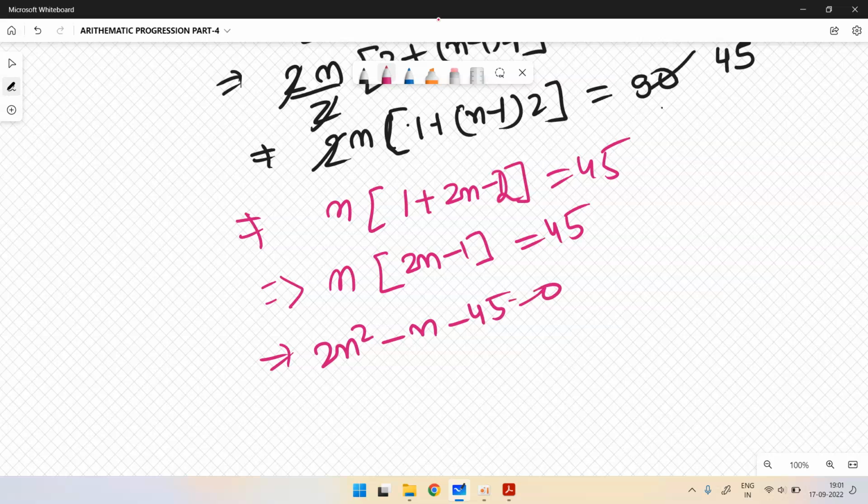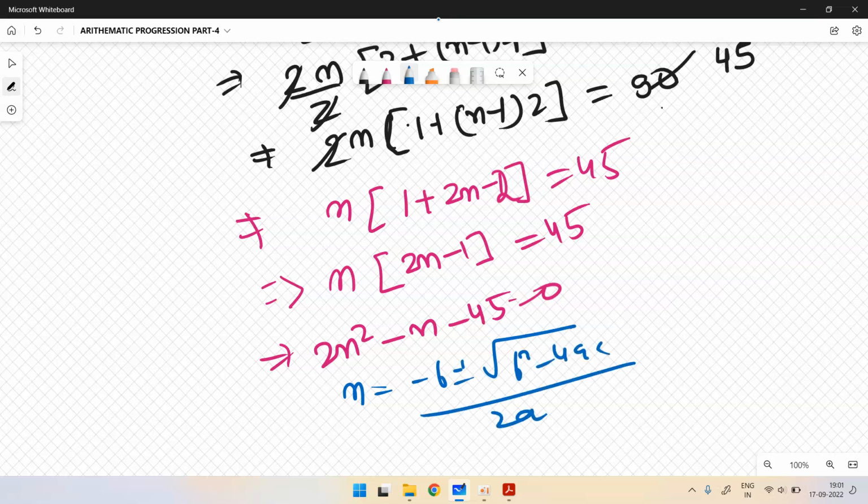How will you find the value of n? By using the equation n is equal to minus b plus or minus under root b square minus 4ac by 2a. This is a quadratic equation, so the solution is given by this formula.